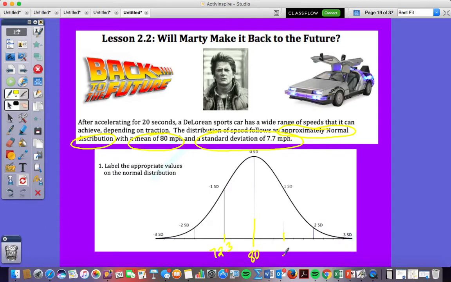Good. And then to the right you'd put 87.7. Good. And then you do the same, so you'd put 95.4. My math's been off today, so check me, please. 72.3 subtracted by 7.7 gets me 64.6. Nice, Jared. Good.